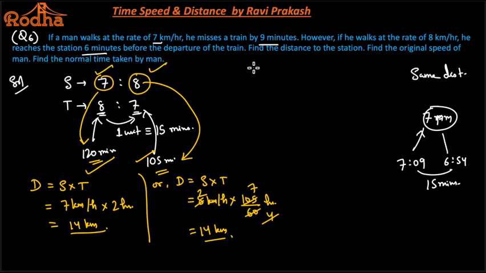So original speed means basically speed is equal to distance by time. Now distance is 14 kilometer here. What is the actual time? So now you can say that actual time will be how much? See, he is taking 120 minutes in the first case, and he is missing the train by 9 minutes. And in the second case, he is taking 105 minutes and he is reaching 6 minutes early.